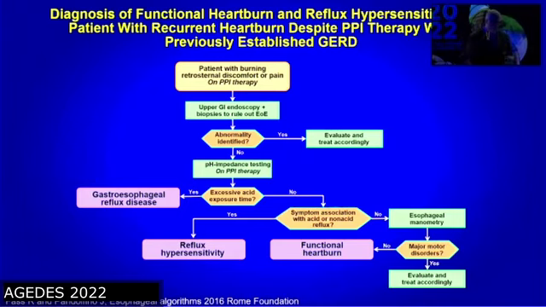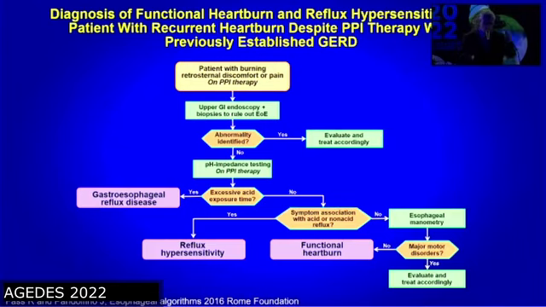So they do have documented GERD. So we don't have any argument now about what we have. The question is, despite being treated with PPI, they're still having symptoms. Could it be an overlap with these two functional esophageal disorders, reflux hypersensitivity or functional heartburn?